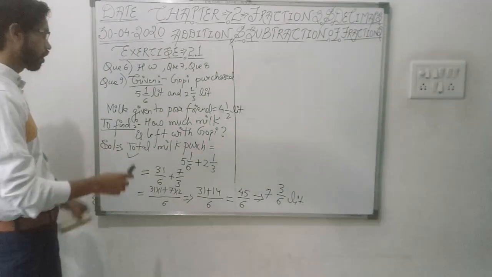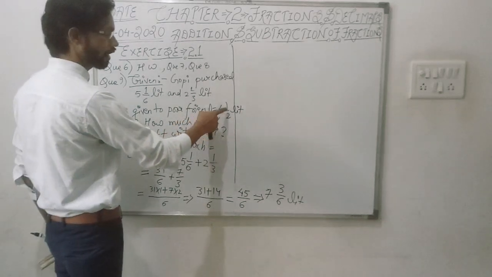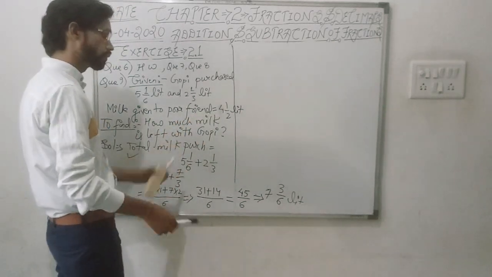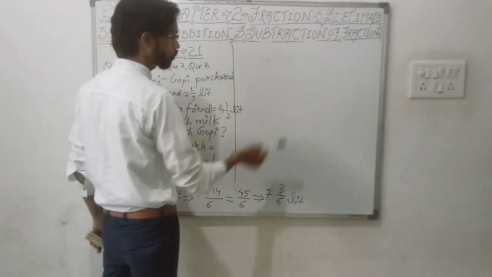Okay, now what we have to do. Next, he was also saying that some of the milk is given to his poor friend, that is 4 and 1 by 2 liters. So now we will subtract this milk, which he has to give to his friend, from this total milk.